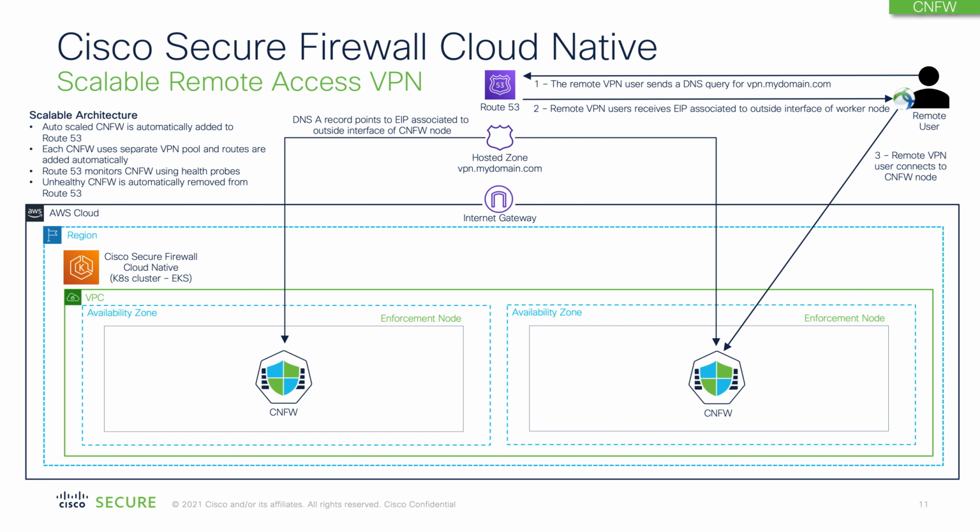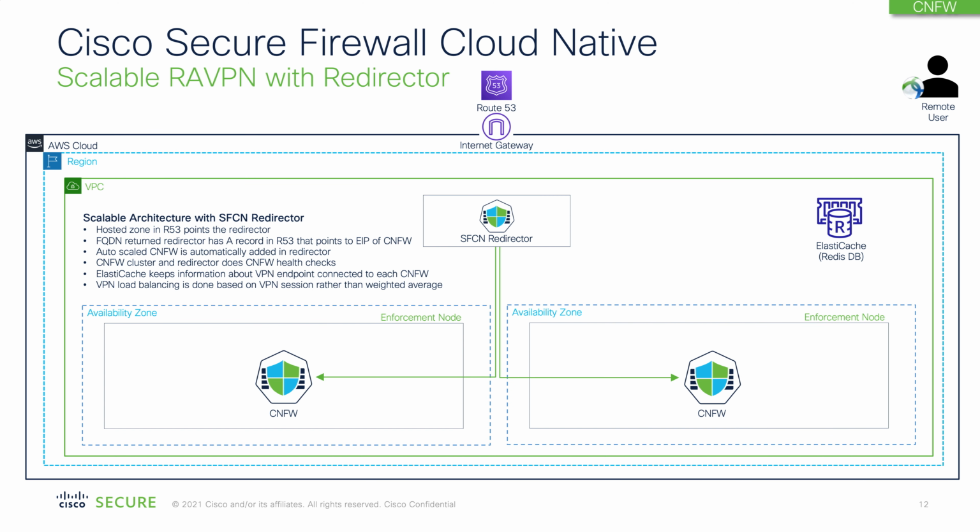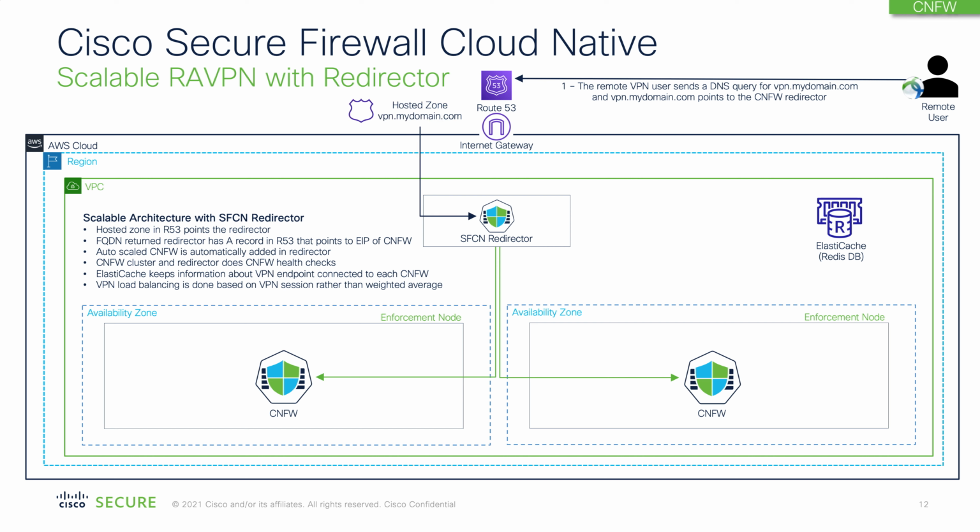Now, we have seen customers asking for a scalable architecture where they would like to load balance traffic based on different metrics rather than weighted average. So we did some research and came out with this architecture where the user will send a request for vpn.mydomain.com, and in return, instead of the IP address of an enforcement point, the user gets the IP address of the SFCN redirector. What is the SFCN redirector?